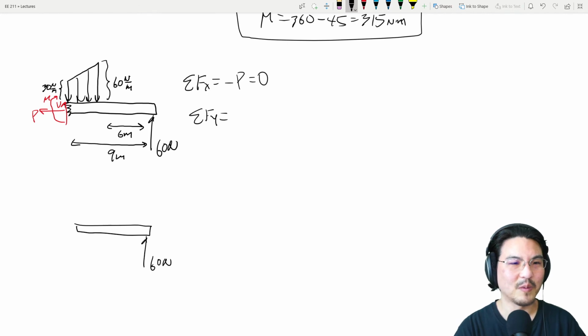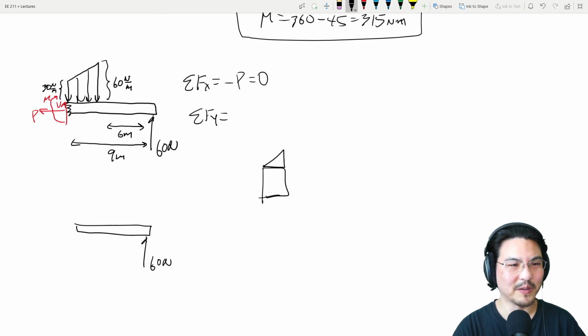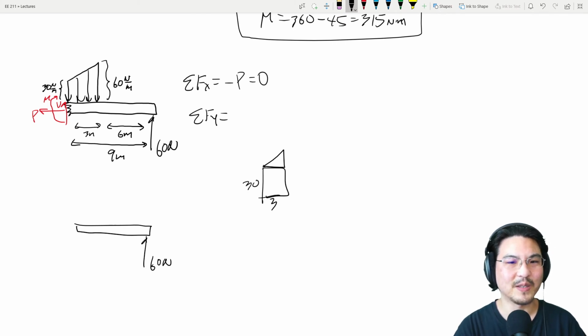And then the magnitude would be, let's see, I'm just going to decompose it because it looks like a rectangle with a triangle on top of it. So the rectangle is 30 by, here to here's 3, right? 3, so that's 90. So just for the rectangle alone, it's 90.